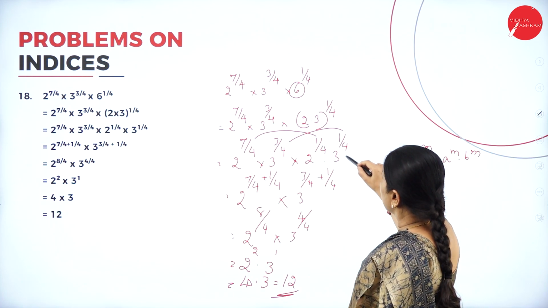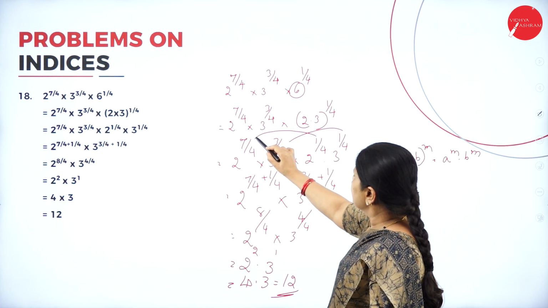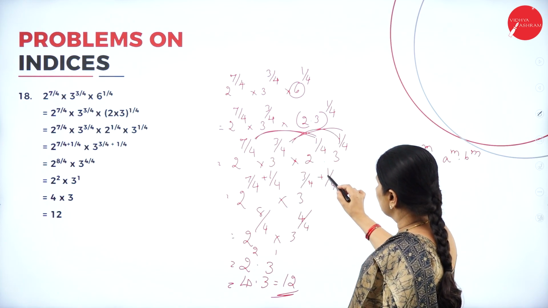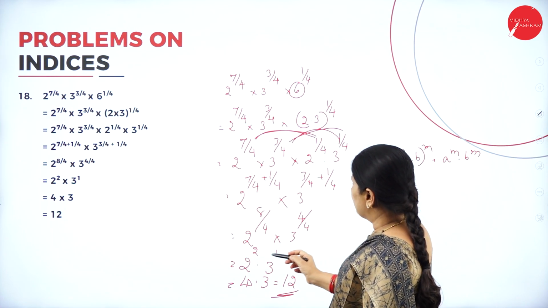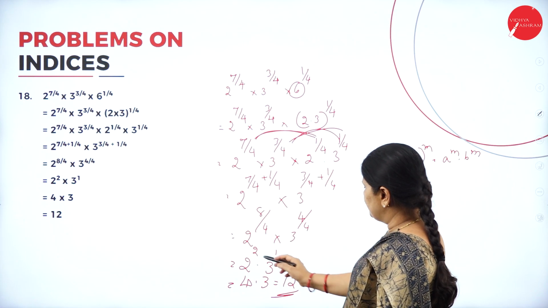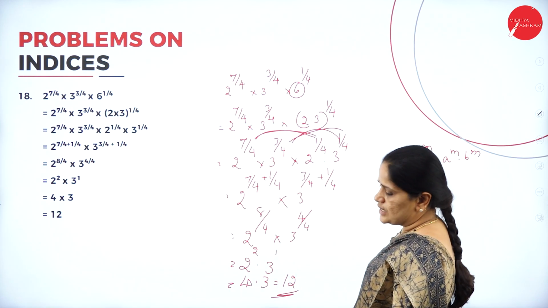Then 2 to the power of 1 by 4 into 3 to the power of 1 by 4. So I am adding this both and this both: 7 by 4 plus 1 by 4, 3 by 4 plus 1 by 4. So I am getting 2 to the power of 8 by 4 and 4 by 4. So 2 square into 3. So 4 into 3 is 12.